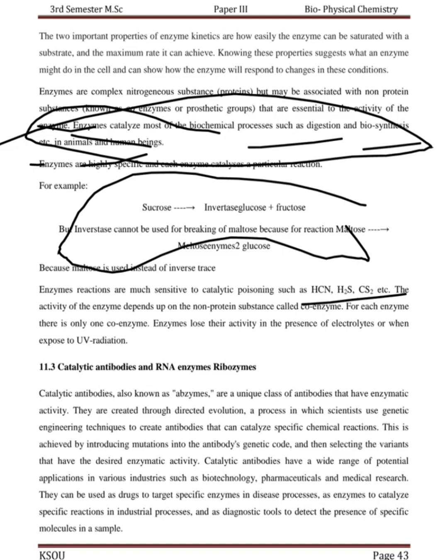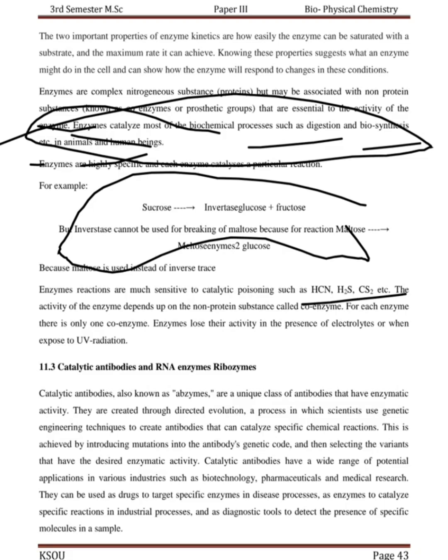So these are sensitive to catalytic poisoning, such as hydrogen cyanide, hydrogen sulfide, and carbon disulfide. So these chemicals affect the enzyme reaction and also cause poisoning of the cells.